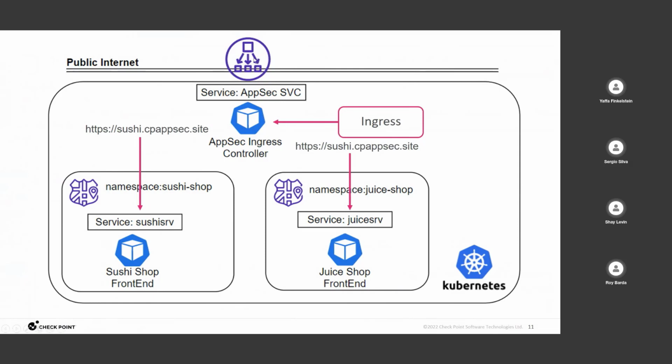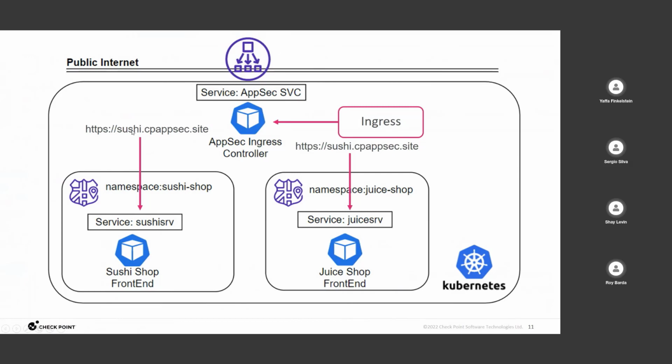I don't think it's limited, but on the same listener you can upload many certificates, and based on the SNI coming from the user request, it will know to serve the right certificate. That is a different configuration from what I'm going to show you now. There are pros and cons to each configuration, and the same goes for ALB.